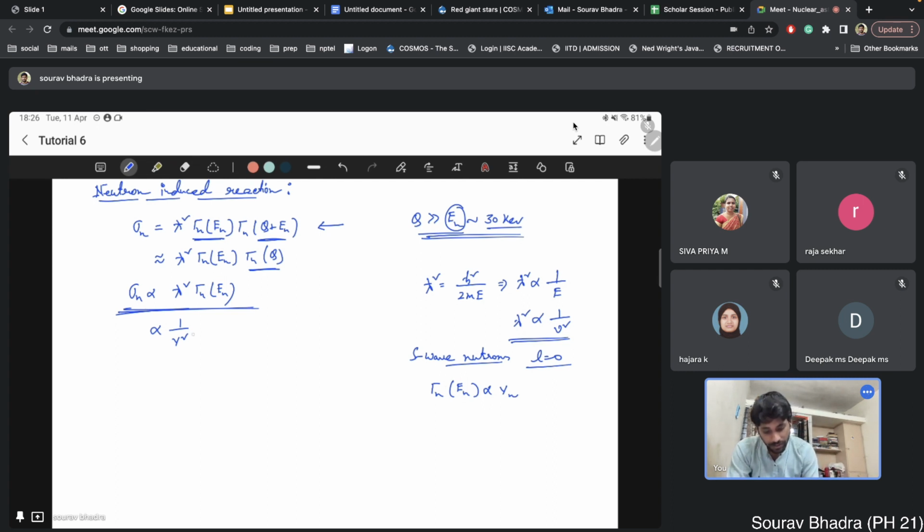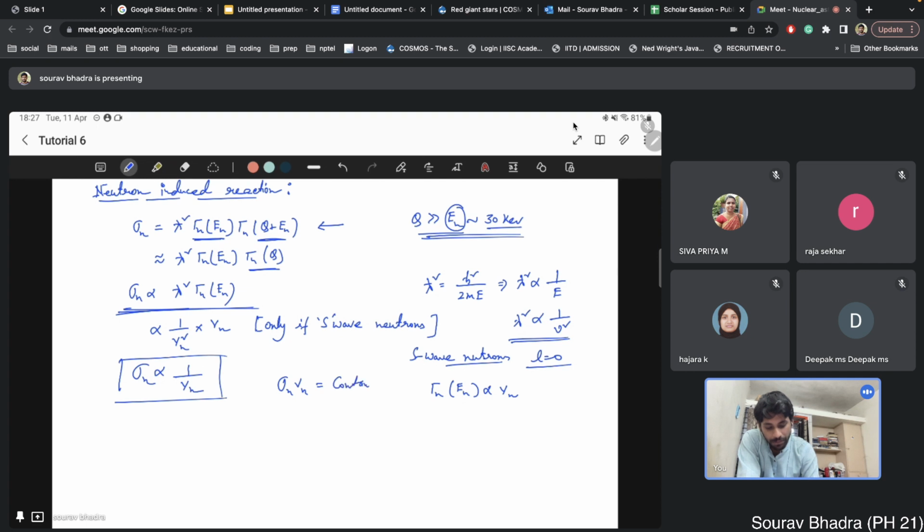So that we are substituting here, Vn for neutron. Only if an S wave neutron is there, that means L equals 0 neutrons. Only under that assumption, one V will be cancelled out, sigma varies as 1 by Vn. That means sigma n Vn will be constant.